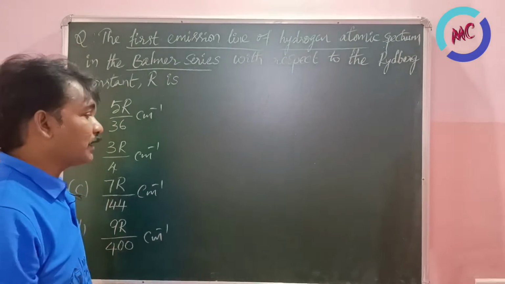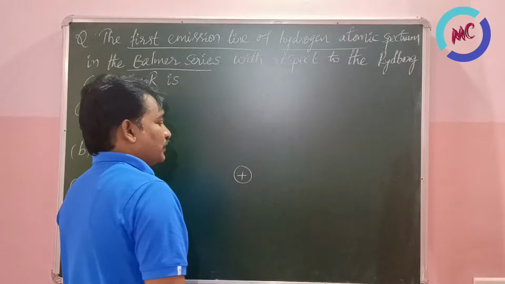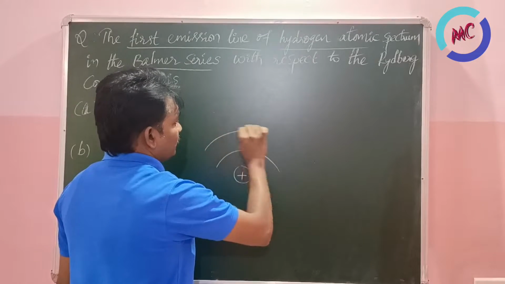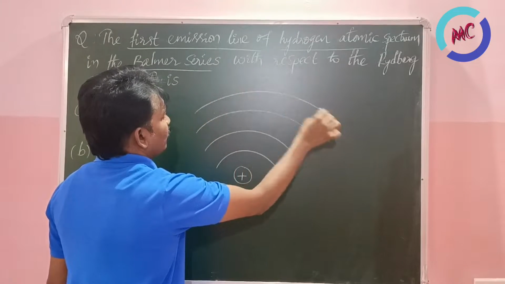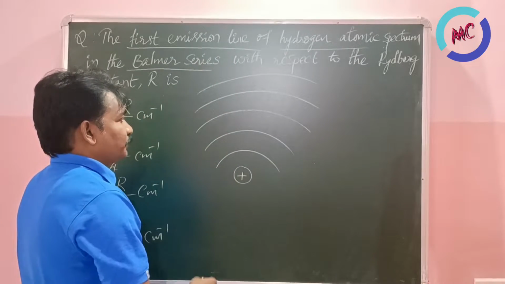Let us recall that. In the case of the Balmer series, 1, 2, 3, 4, 5 and so on are the different shells.